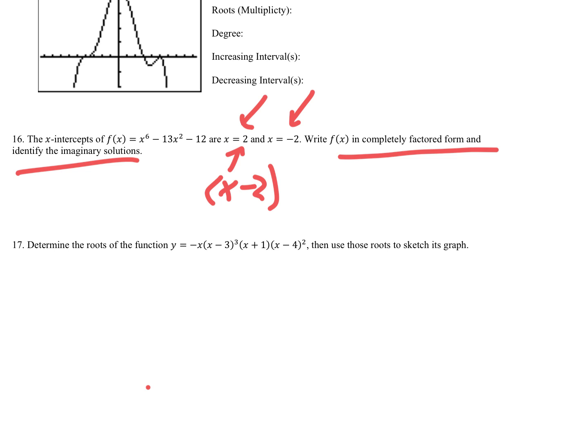synthetic. So if I decide to use synthetic, I'll say, okay, I'm going to take that 2 out, and I'm going to do synthetic on this, and it's going to be a 1 for that first number. And then, wait a minute, there's no x to the fifths. There's no x to the fourths. There's no x to the thirds. There's negative 13x to the seconds. There's no x to the firsts.